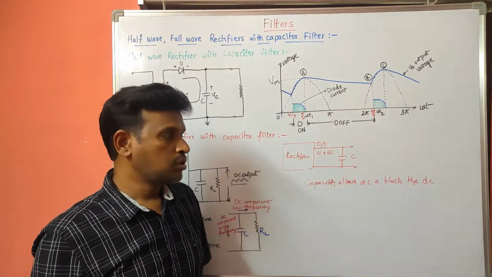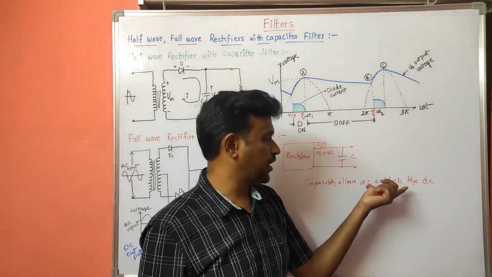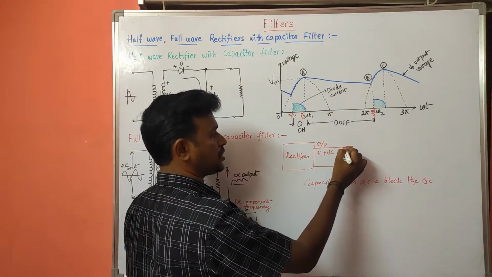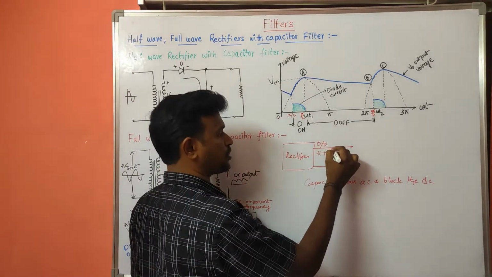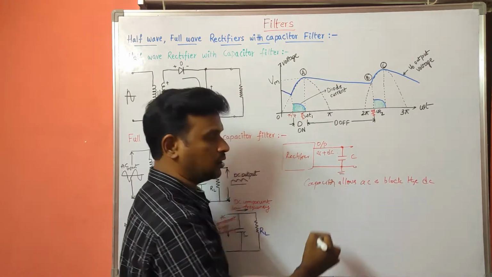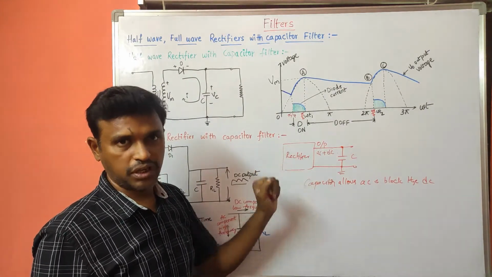Therefore the capacitor allows the AC and blocks the DC, and the output is connected to this capacitor here. So the output coming out consists of AC and DC, and here we are connecting the capacitor with one end to the ground and the other end to the output of the rectifier.